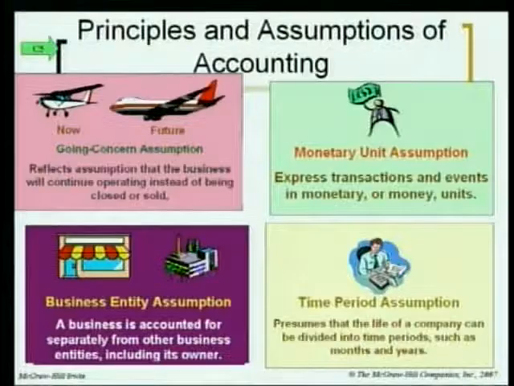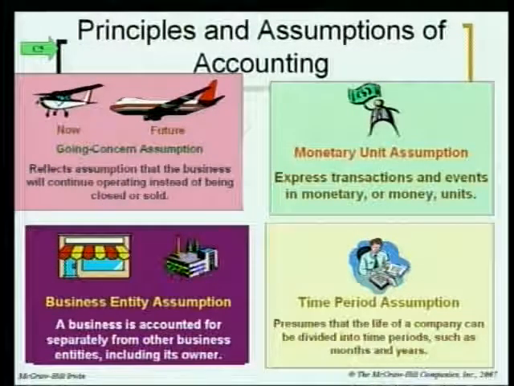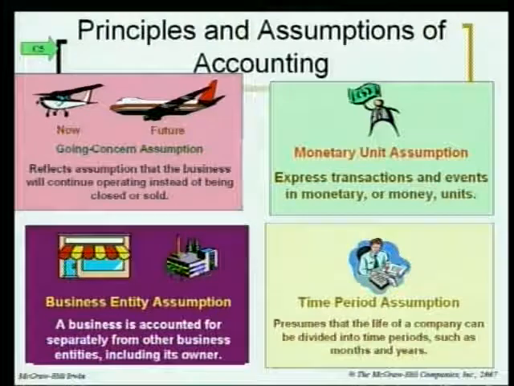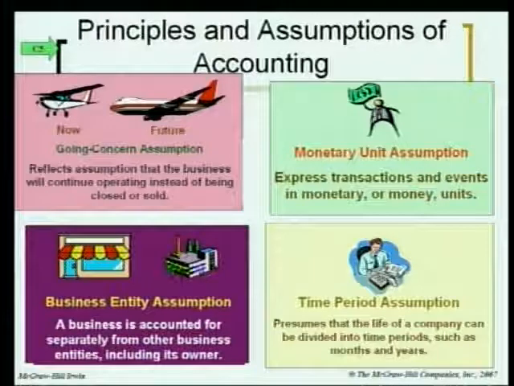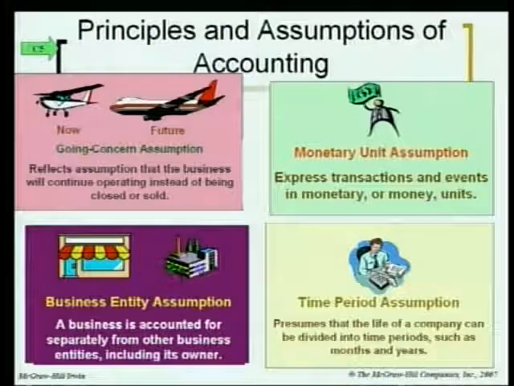The going concern principle, or going concern assumption. What that means is that when you read financial statements, you can assume that the preparers of those financial statements feel that the company is going to continue on.